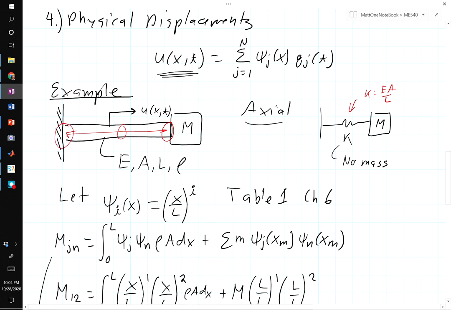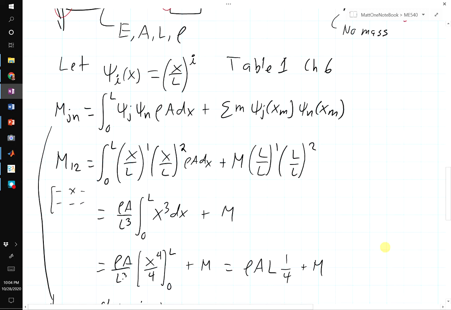And so it automatically tells us how much of the mass we should take if we were going to lump it all right here, right? So we're just going to add a 1/3 rho AL on there to account for that.